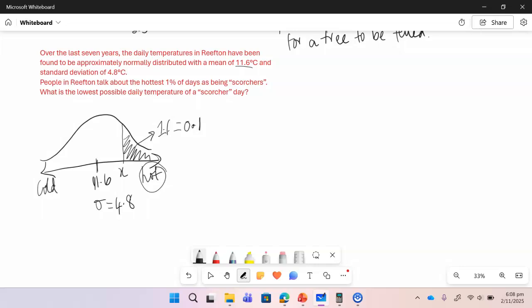When can you start saying that it's actually a hot day? What students generally tend to do is, because it's saying what is the lowest possible daily temperature, you immediately think, oh, I need to look to the left side because it's asking for low temperature, but that's not what they're asking. So just pay attention to the context of the question. Cool. So all you gotta do is, 1% is 0.01, not 0.1.